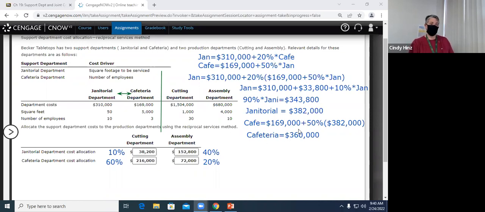So that's how the total for the cafeteria went from 169 up to 360, because of the 50% of the total janitorial. That's what makes this complicated, because it's not 50% of the direct costs of 310. It's 50% of the total cost.